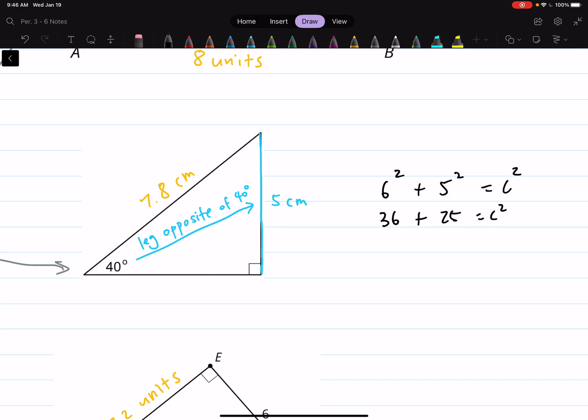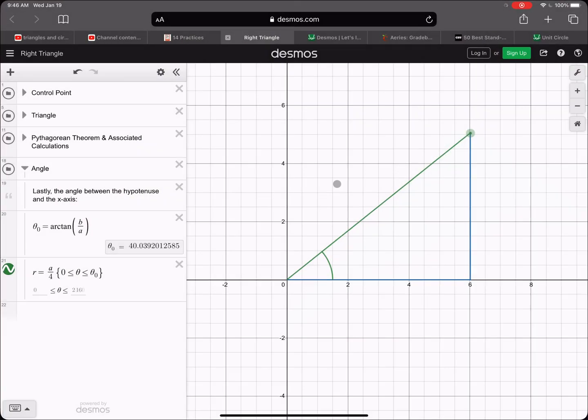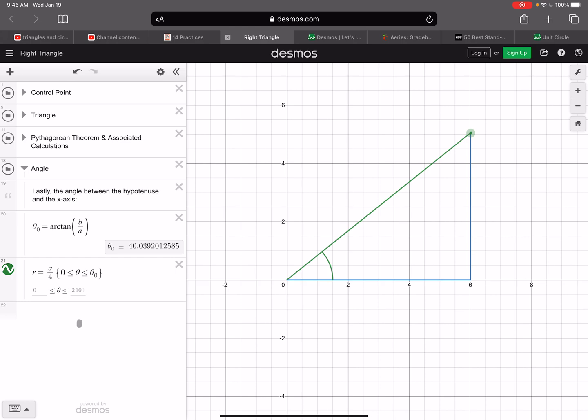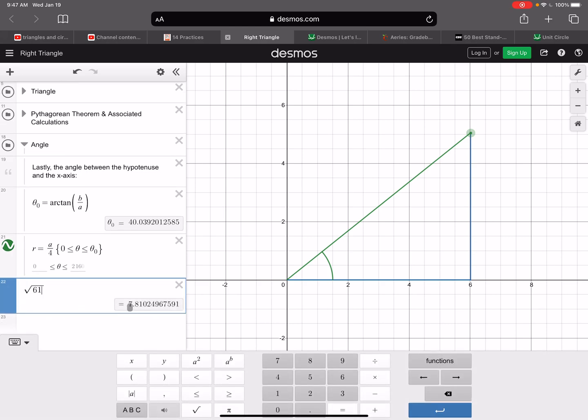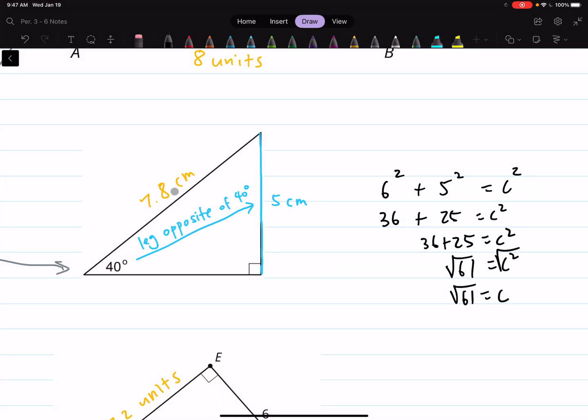And 36 plus 25 is about, what is it, 71? No, 61. Is equal to c squared, and then square root, and you got square root of 61 is equal to c. So what is square root of 61? Okay, let's take a look. Square root of 61 is about 7.8, voila.